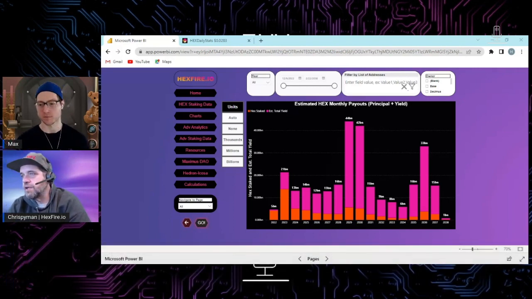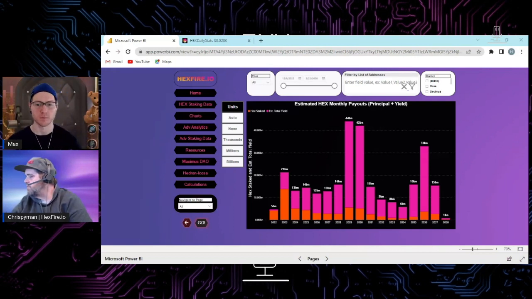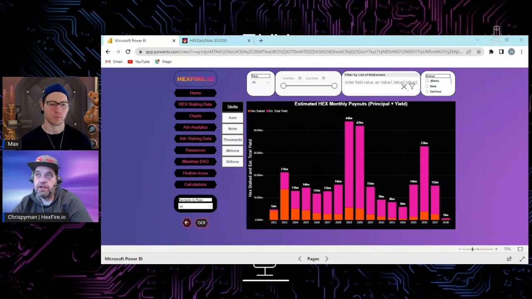That might be a good time to be ending a stake, in a month that has a very low amount of HEX coming out. Because then you aren't competing for the same eyeballs at the same time. Maybe you use things like the share rate increases to plan when you're going to start a stake and when you're going to end a stake.